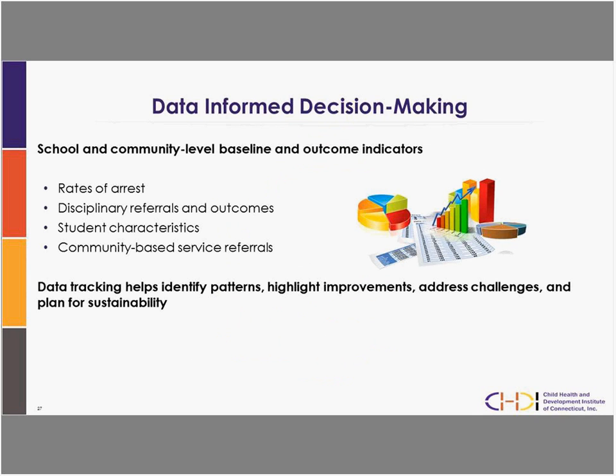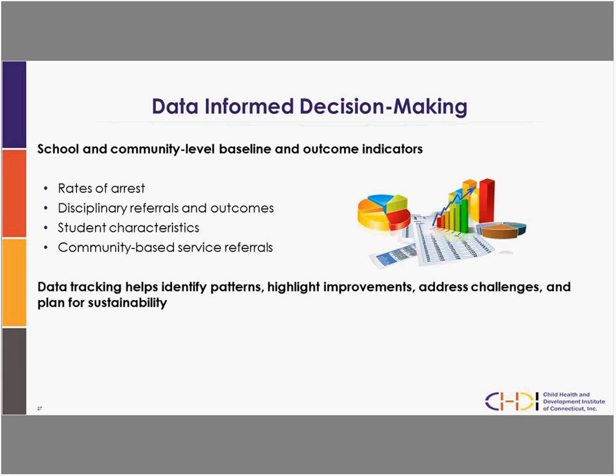When we look at data-informed decision-making, this is really an ongoing process throughout all of the models. So it's not only at the end point, but also, as we talked about earlier, it's in your school selection process from the beginning. Which schools are reporting higher rates of arrest or higher disciplinary referrals? What do the student characteristics look like of those students who are being arrested or are being referred at a higher rate?